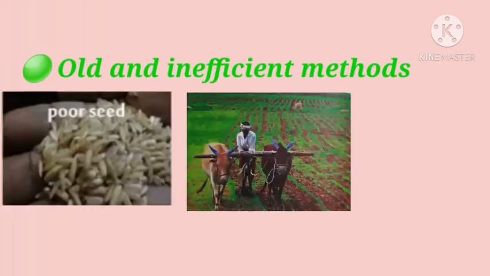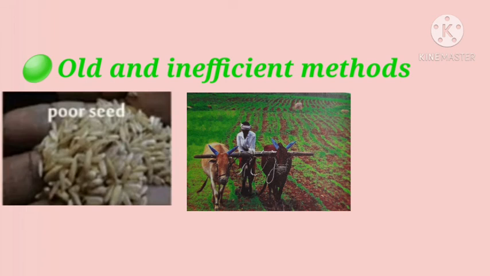We have already discussed the technological factors, that means the use of old and inefficient methods of farming. A large number of farmers in India are still using wooden plows and bullocks. So the mechanization is limited. Because of that, the productivity from the farmland decreases. Then lack of irrigation.